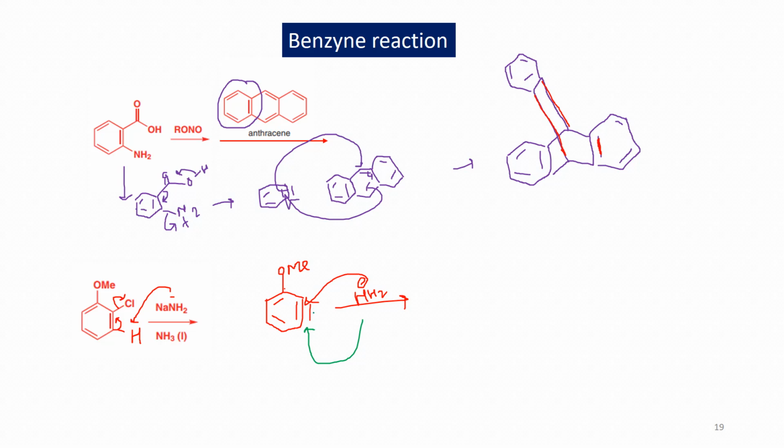So if we attack from this place, it will open and give a negative charge adjacent to the OMe group. Whereas in the other case, you would get this one as a product.